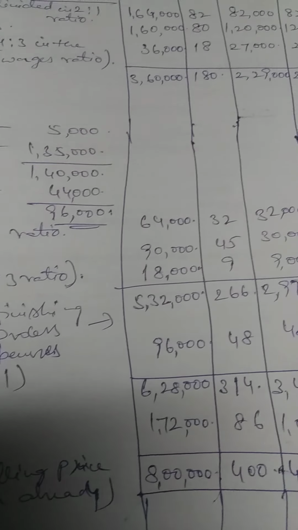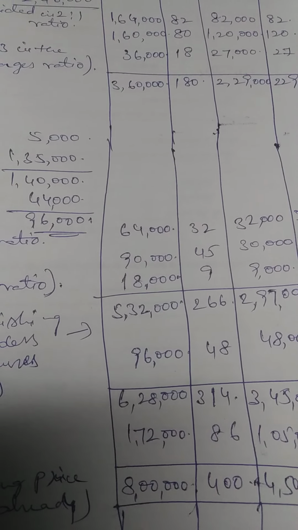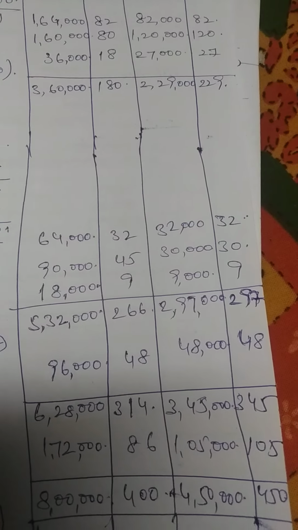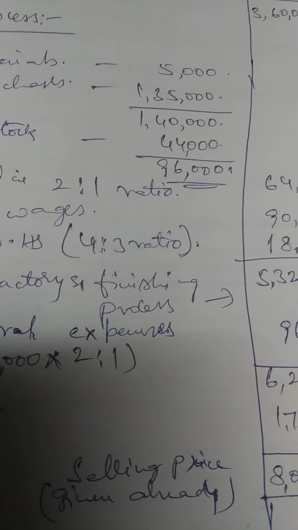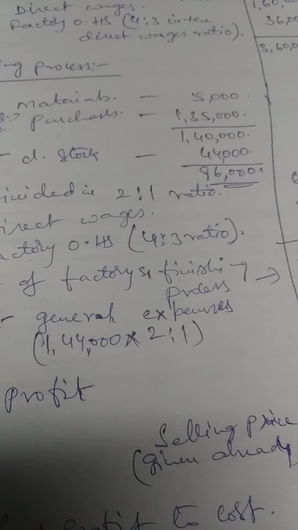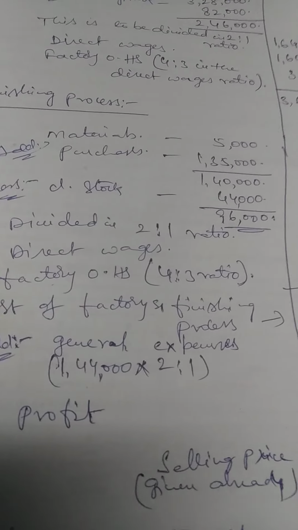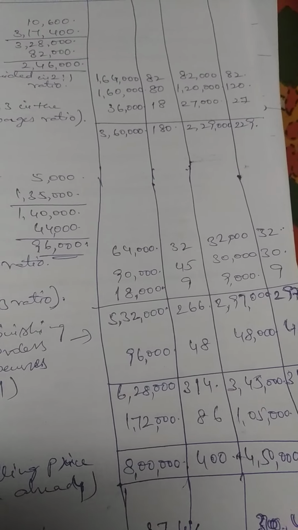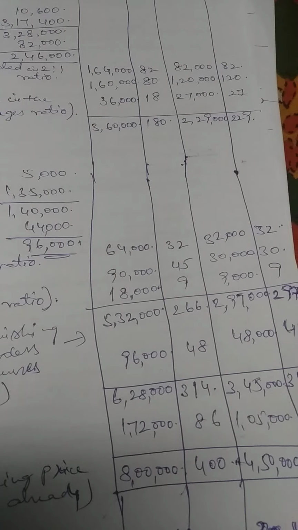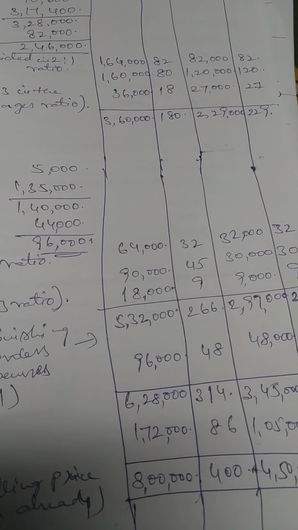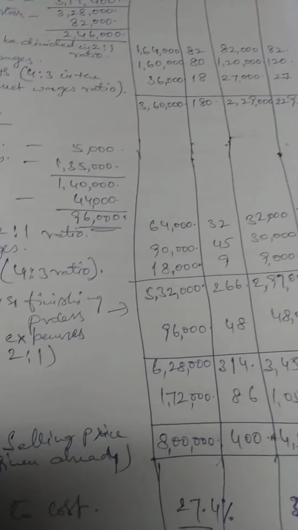Direct wages given in the problem for finishing process is for P 90,000 and for Q 30,000. And next one, as usual, factory overheads, that is to be apportioned in the same way, that is 4:3 ratio. So 24,000 divided by 4 by 7 and 3 by 7, that comes to 13,000 and 9,000, and per unit is 9.